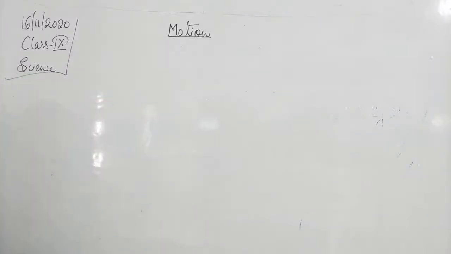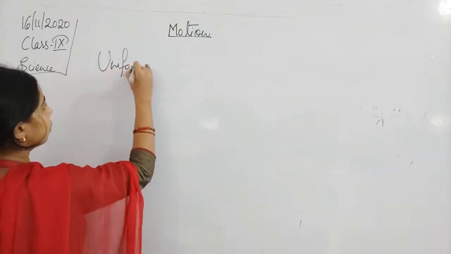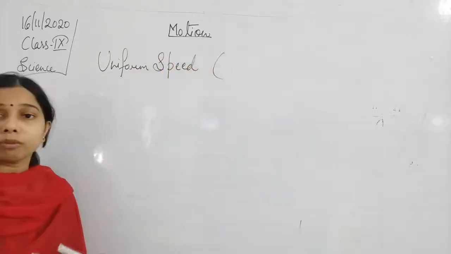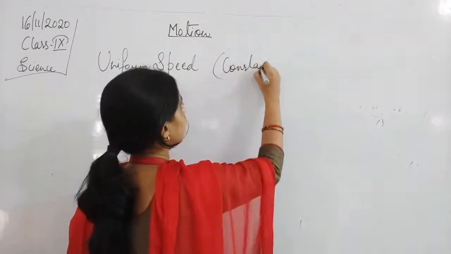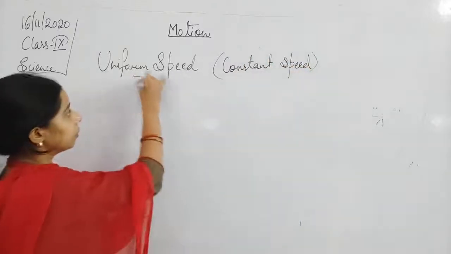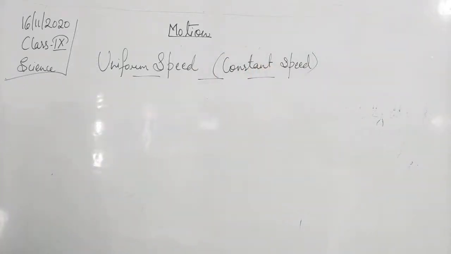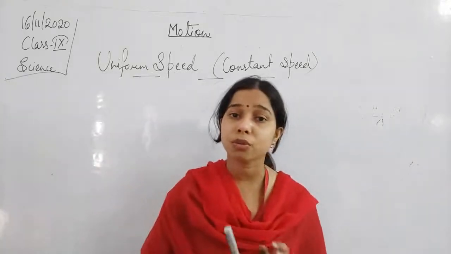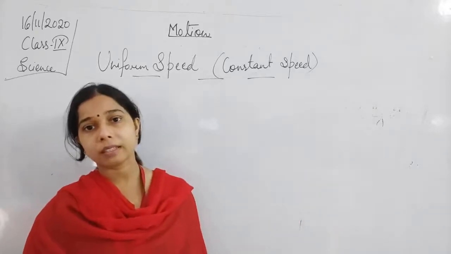So you see students, next one is uniform speed. Uniform speed is also known as constant speed. We had discussed that uniform means traveling an equal distance in equal interval of time.